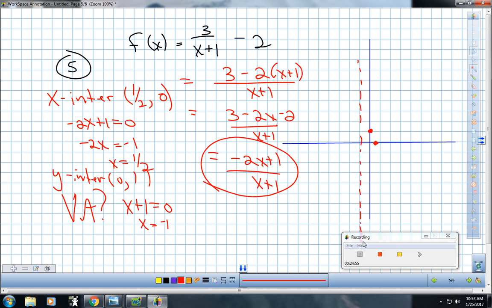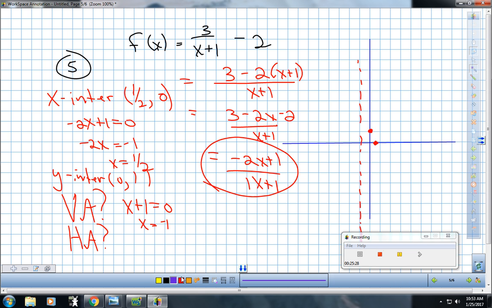Okay? Here's the tricky one. Horizontal asymptotes: we compare the degree of the numerator with the degree of the denominator. The degrees are the same, are they not? So the horizontal asymptote exists at the ratio of their coefficients, which is... What did you say, Will? -2, the ratio of their coefficients.